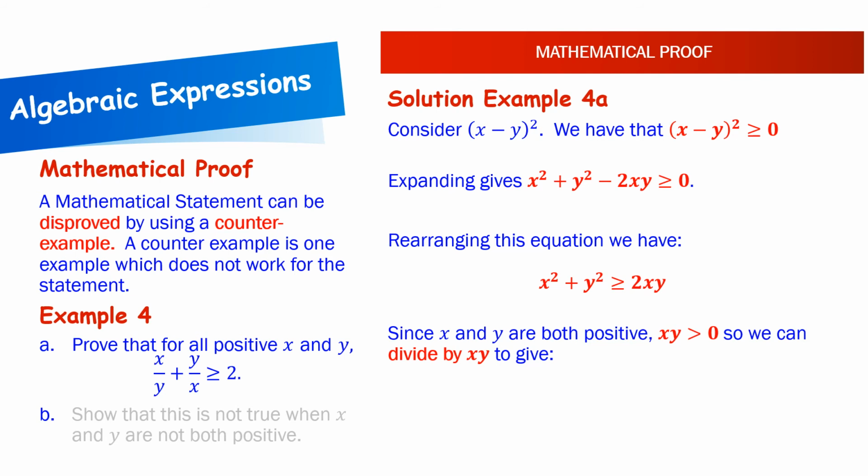Now since x and y are both positive, x times y is also positive. So we can divide by xy without changing the sign around. So let's do that. And therefore we've obtained x over y plus y over x is greater than or equal to 2, which is what we were required to prove.